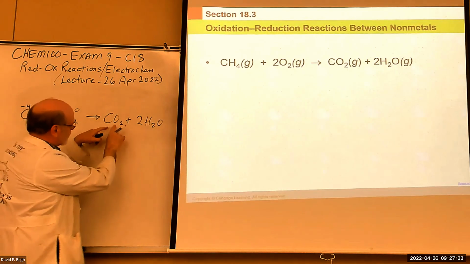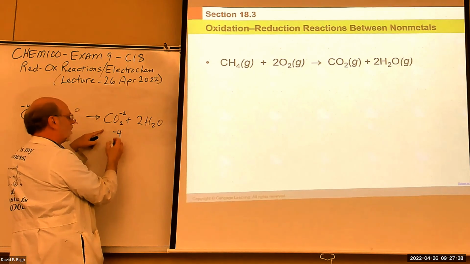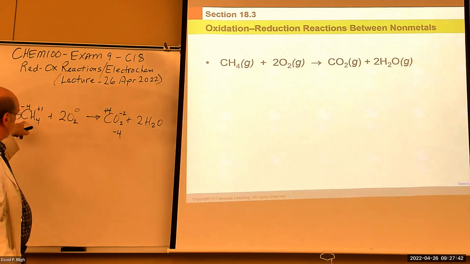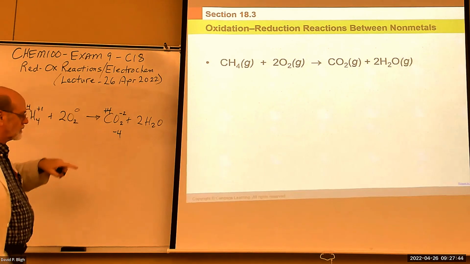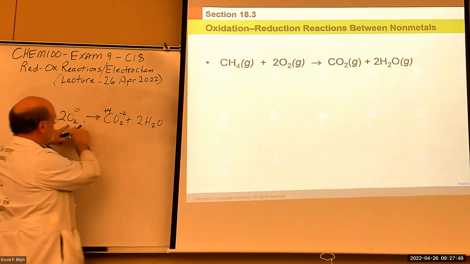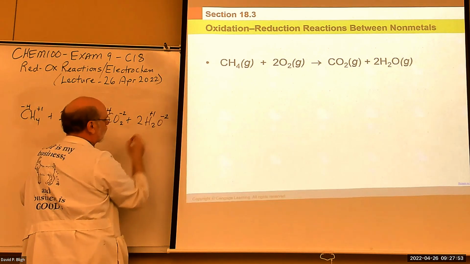This oxygen is a -2, which is a -4 total. This carbon is a +4. So that carbon has gone from a -4 to a +4. This oxygen is 0 here, but over here, it's -2. This is a +1.